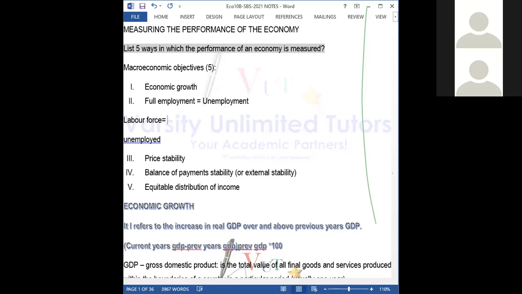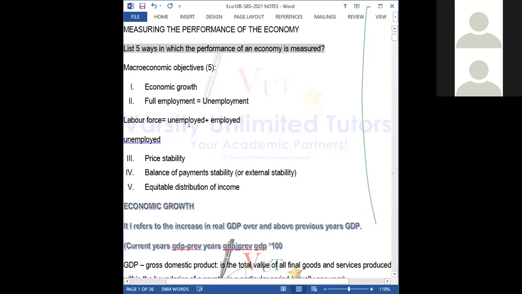The labor force can be further explained as the sum of the unemployed plus the employed. People that are already working are part of the labor force. People that are not working are part of the labor force as well, they are simply not employed yet.